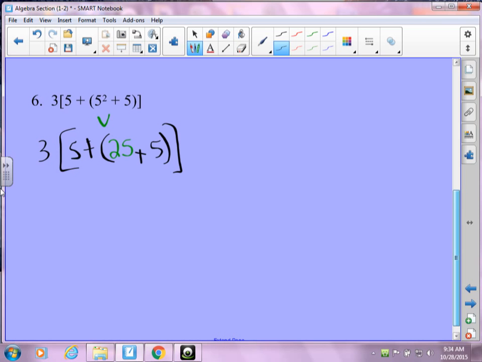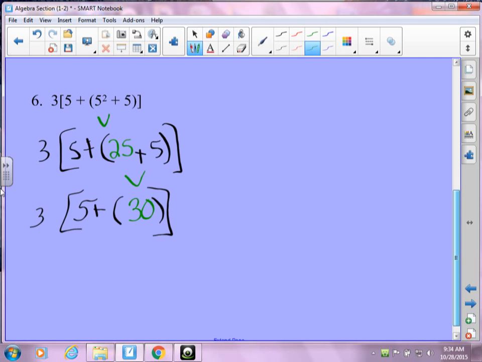Okay? Now, do I have parentheses? Yes. Do I have another parenthesis? Yes. What do I do first? Yes, 25 plus 5 is 30. Very good. Okay, now, the parenthesis around the 30, does it serve a purpose? It really doesn't. So I could throw it away if I want to. I'm going to keep it in just because.